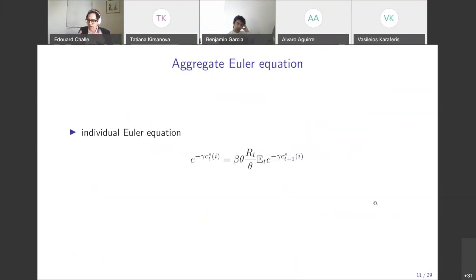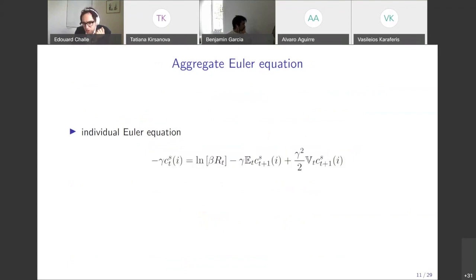Let me move on and complete the solution of the model. We have negative exponential utility of consumption. So the individual Euler equation takes this form, which is fairly simple. The theta cancel out because the probability of dying is compensated exactly by the higher return on assets that you get. That's the purpose of actuarial bonds.